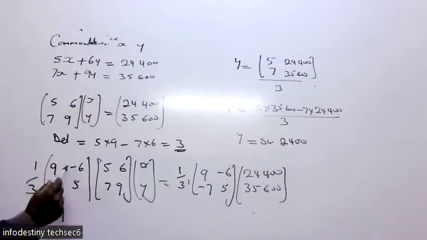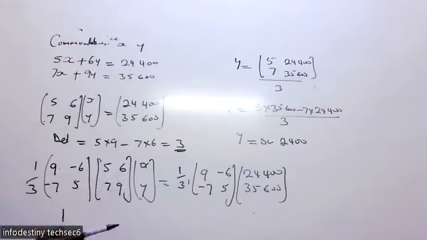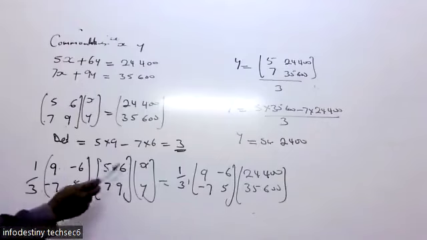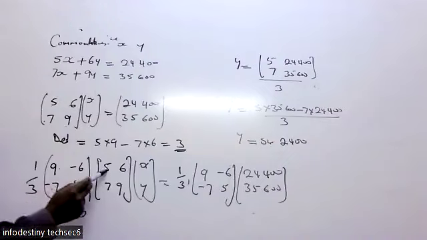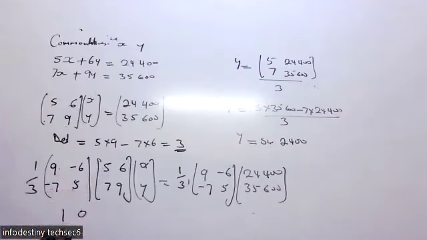We come to this. This times this, 9 times 5, that's -6 times this one. That's going to give us 0. You're together? I have -7 times 5 plus 5 times 7. That's also 0. This one is 1.